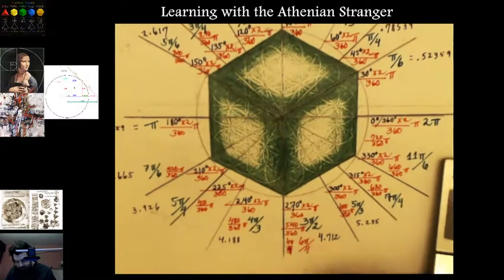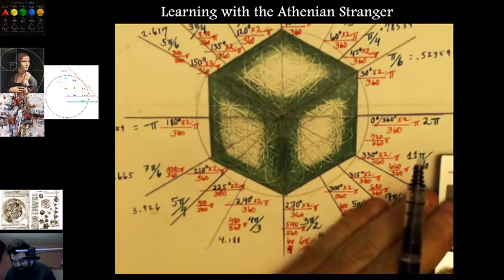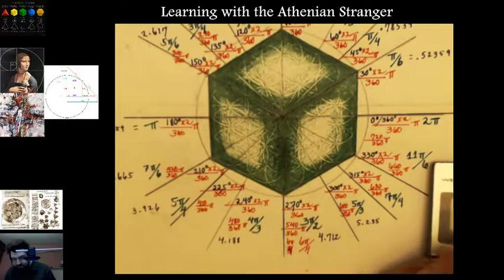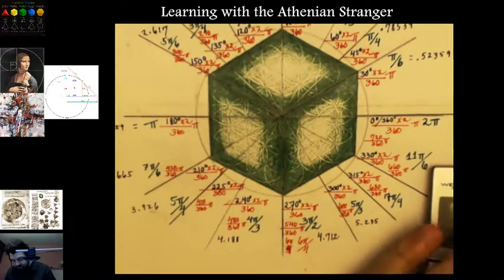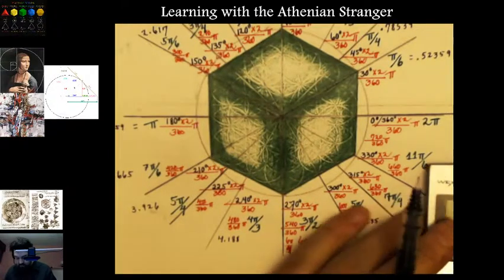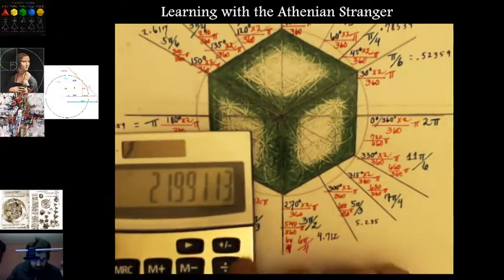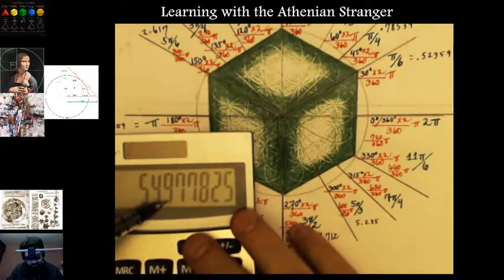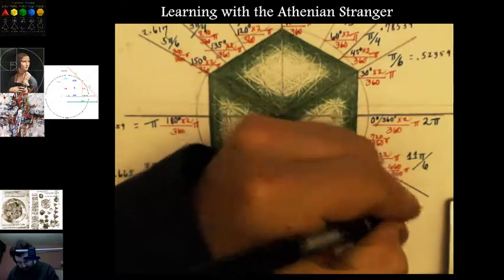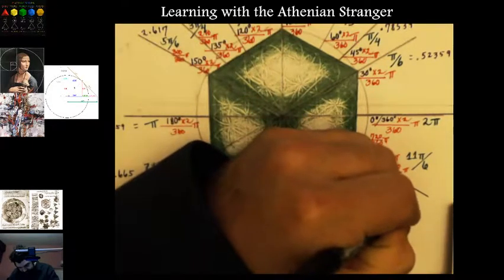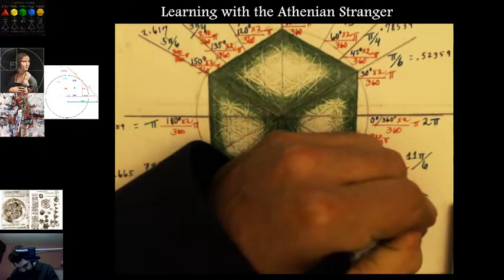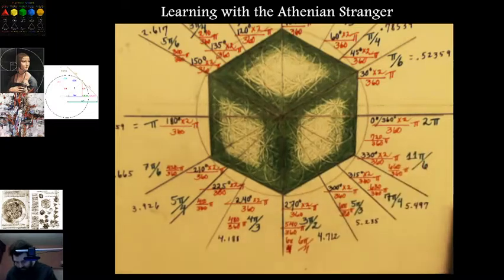7 pi over 4. 7 times 3.14159 divided by 4 gives me 5.497. Okay? 11 pi over 6.